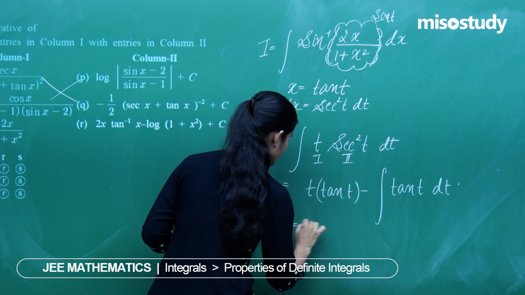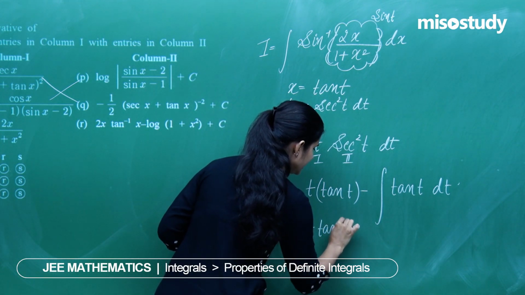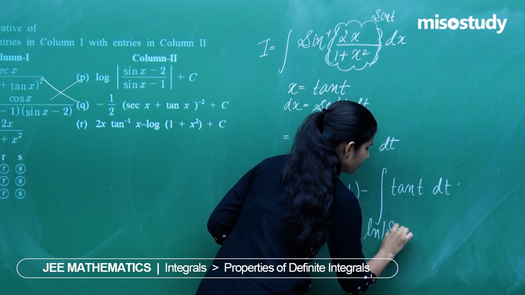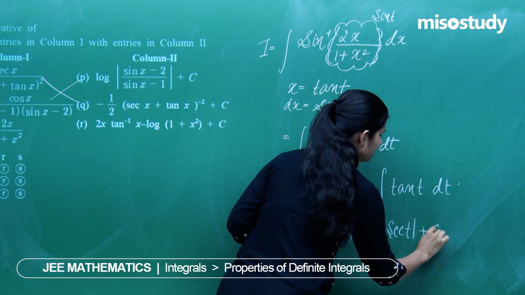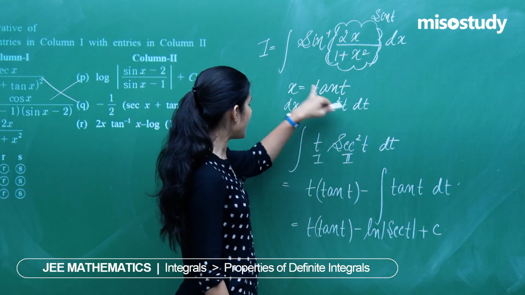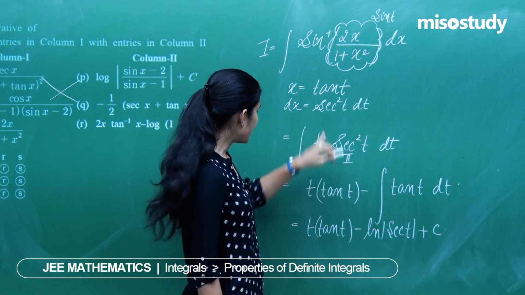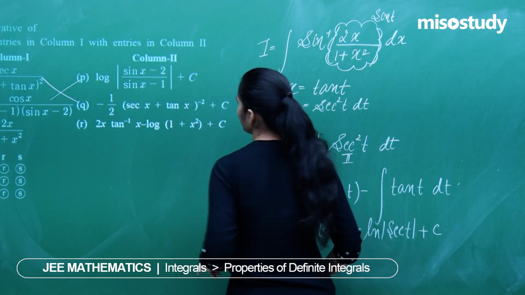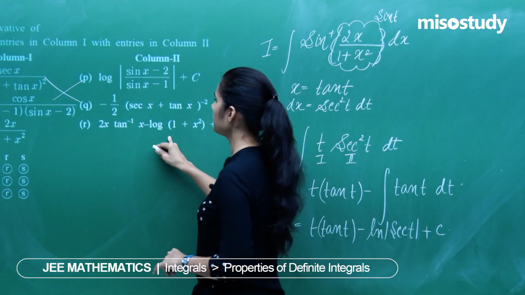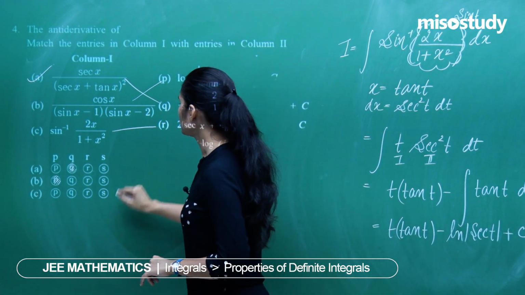So you get t tan t minus log of mod of sec t plus c. In place of t, when you substitute tan inverse x, and in place of tan t, when you substitute x, you basically get 2x tan inverse x minus log of (1 plus x square) plus c. So this gets matched to r.